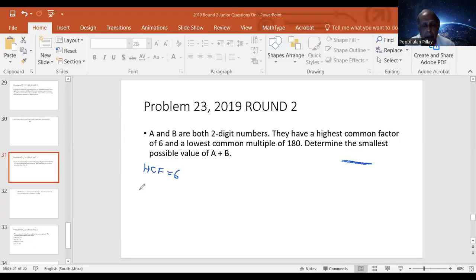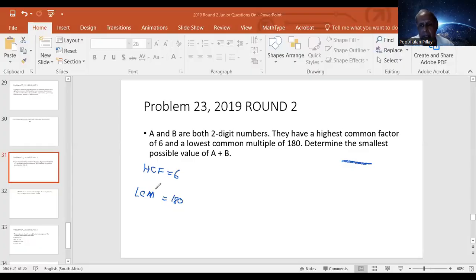And the lowest common multiple, LCM, is 180. And in primary school, you learned how to calculate the HCF and the LCM of a collection of numbers.